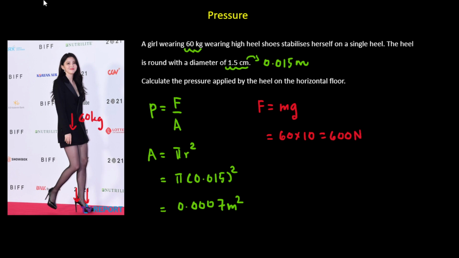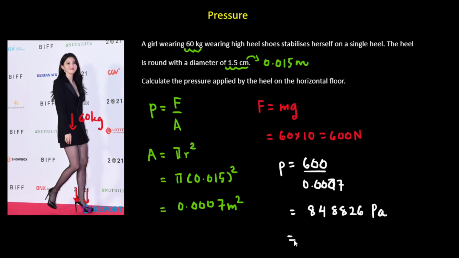And since P is equal to F over A, your pressure here would be 600 divided by 0.0007, which will give us around 848,886 pascals.